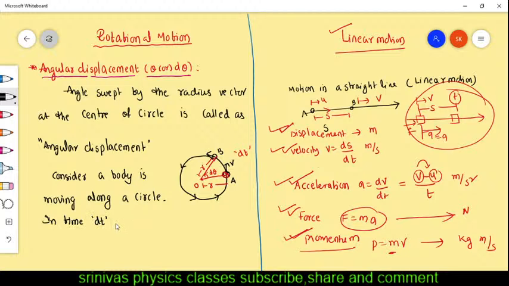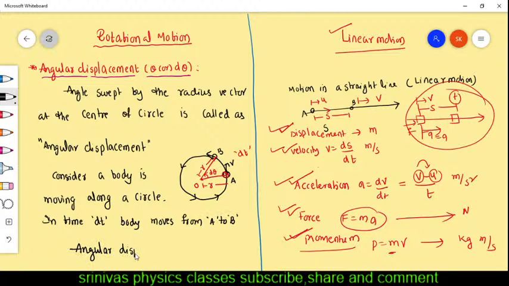In time dt, the body moves from A to B. Then the object is rotated by some angle. That is called angular displacement.